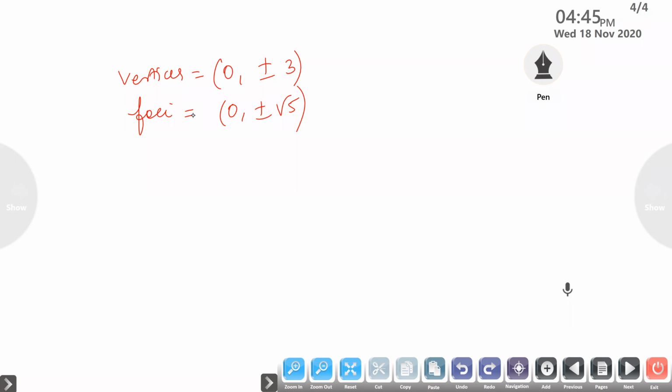Yes, ma'am. X square by a square plus y square by b square equal to 1. What is the standard form? Once again, can you repeat? X square by b square plus y square by a square equal to 1. Okay, x square by b square plus y square by a square is 1 because it lies on the y axis.